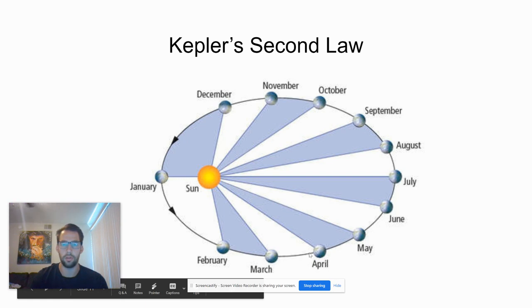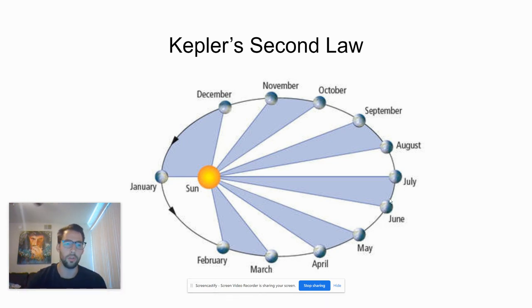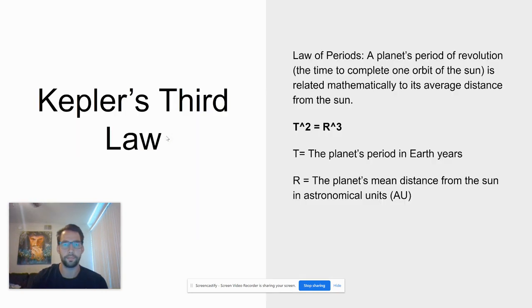These are all the same amount of time. It's going to slow down until we get to June and July, then July and August, where it's moving the slowest in those months. And then it's going to gradually speed up as we come back to December.